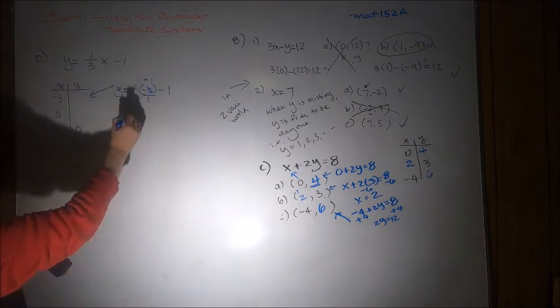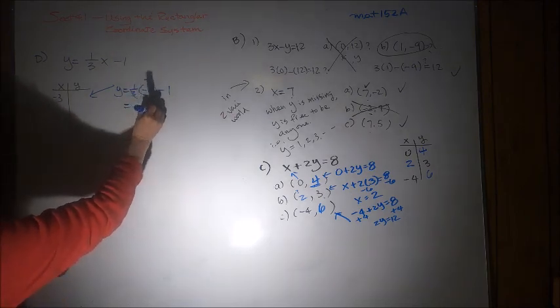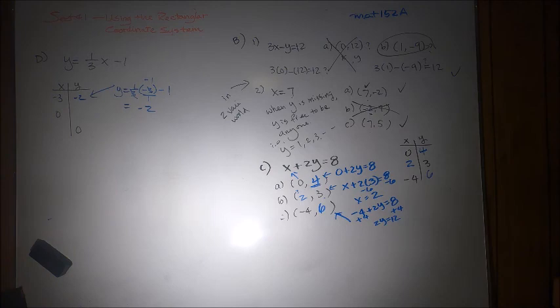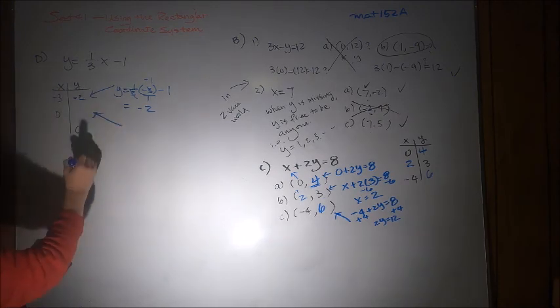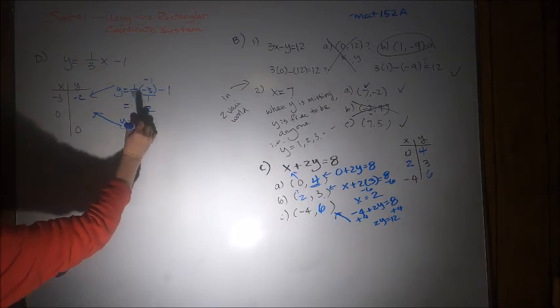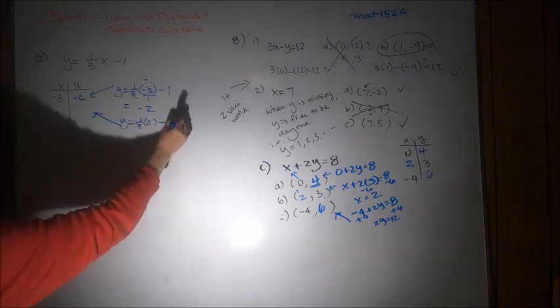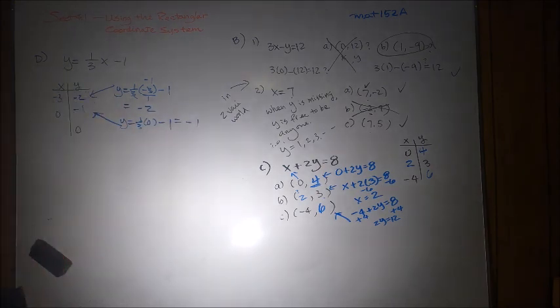Cross cancel. So what do we have? Negative 1 minus 1 is what? Negative 2. So you put your negative 2 here, right? And for this one, x is what? 0. So you plug in y is 1/3 times 0 minus 1. Anything times 0 is 0, and minus 1 is what? Negative 1, right?